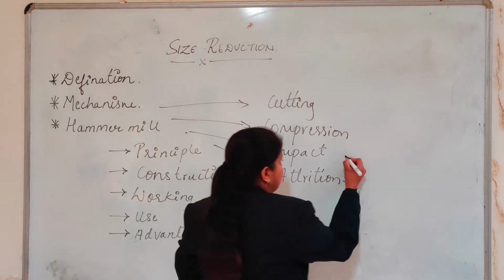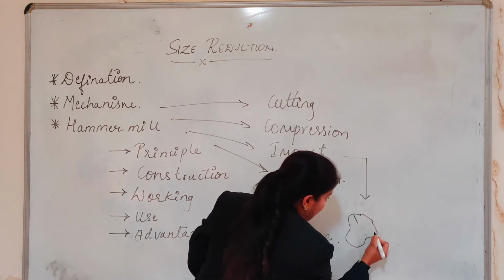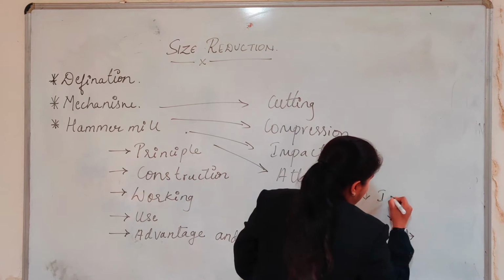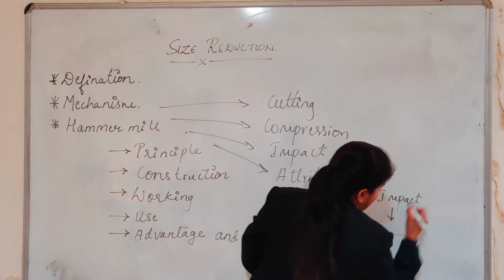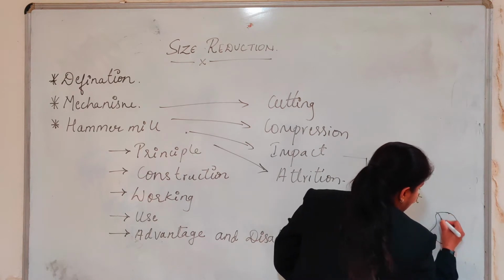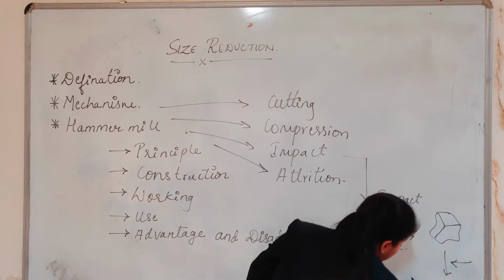Coming to impact, here we have larger particles with flaws. When we are applying a pressure of impact, or let me say we are applying force to this, cracks are observed within the particles. Upon further pressure, the particles are separated.